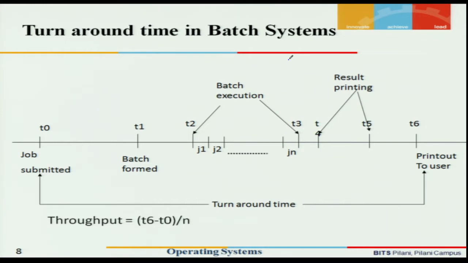Throughput time is defined as total time divided by the total number of jobs, or its inverse can also be considered as throughput, where it is the number of jobs executed in a given interval of time. So, this becomes a performance measure, and based on this one can say how well or how badly a given system is performing.